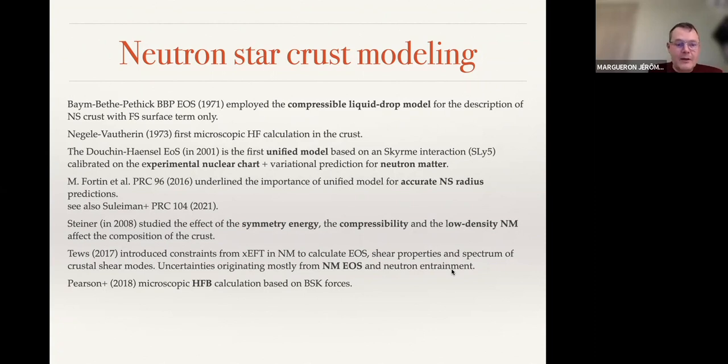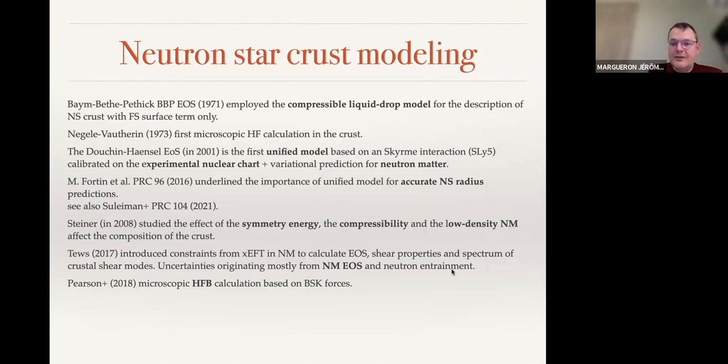Then there are a lot of works which have been done, but maybe one of the most important or known at the present time is the Douchin-Haensel equation of state from 2001, which is one of the first unified models. So unified means that the crust and the core are described with the same interaction.